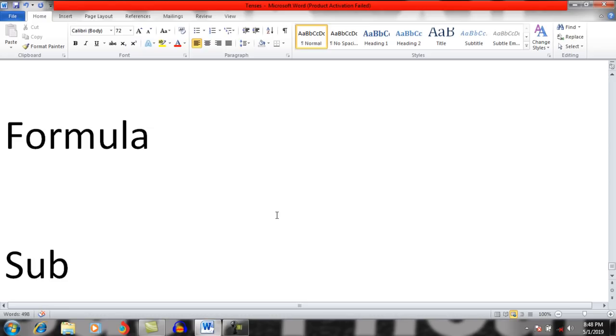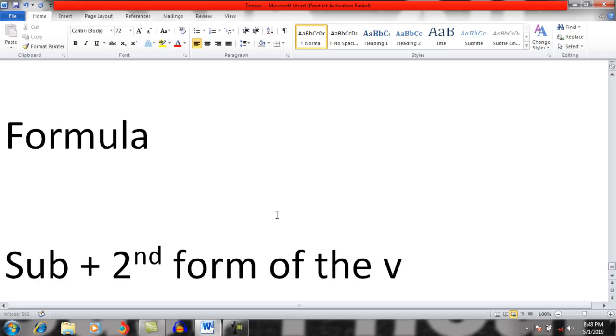Subject, then you will have to put here the second form of the verb, then you will have to put here an object.